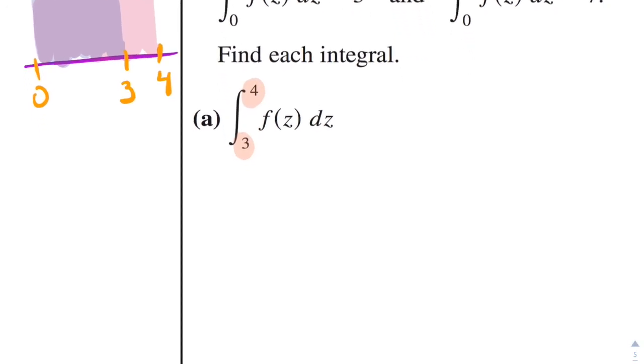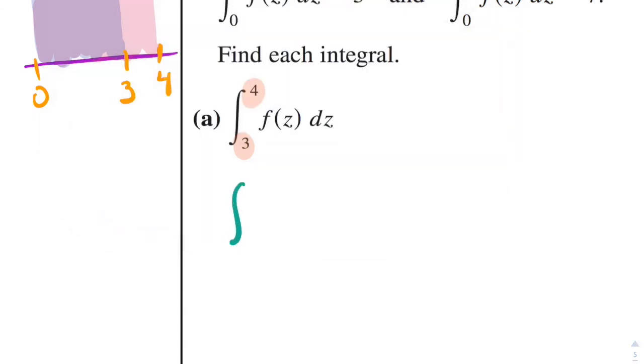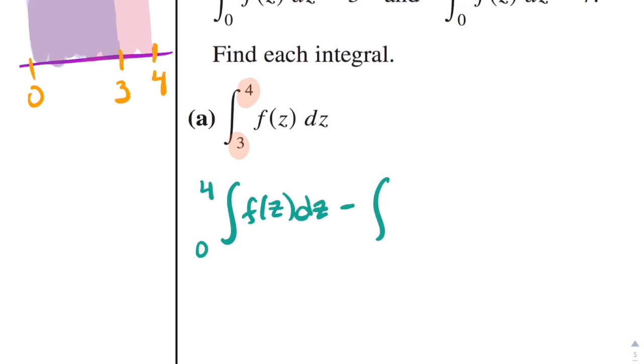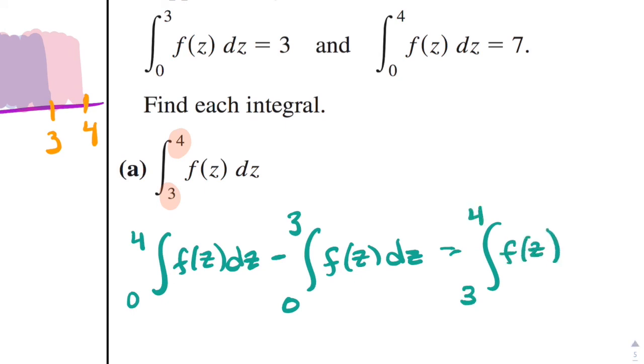So all you want to do when you set yourself up for success here, you're going to say the integral from 0 to 4 of f of z dz minus the integral from 0 to 3, because those two things are the things you have, f of z dz is equal to the integral from 3 to 4 of f of z dz.